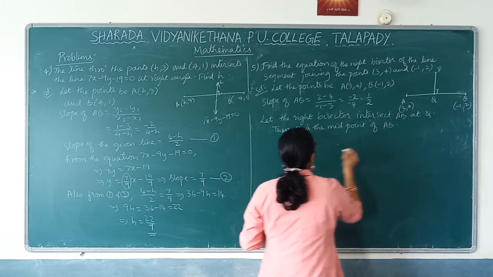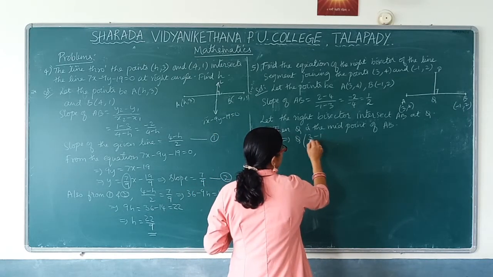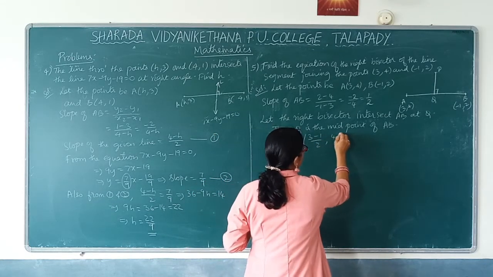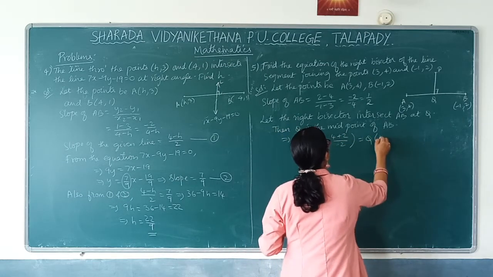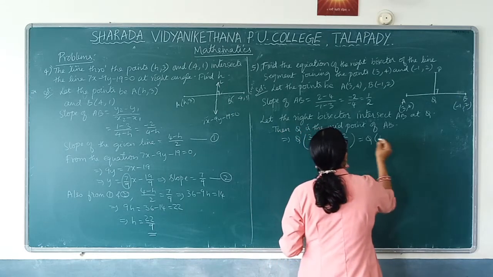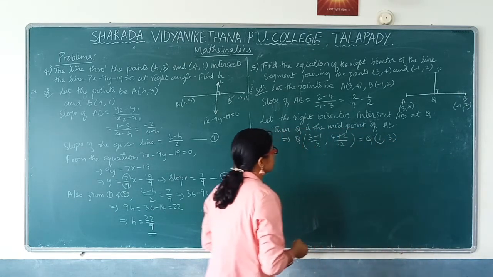So what are the coordinates of Q? Implies Q of (3 minus 1) by 2, (4 plus 2) by 2. So 3 minus 1 is 2 by 2 is 1, 4 plus 2, 6 by 2 is 3. So Q coordinates are 1, 3.